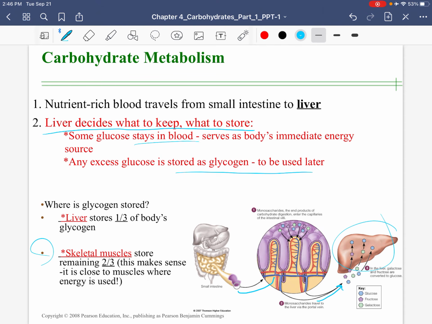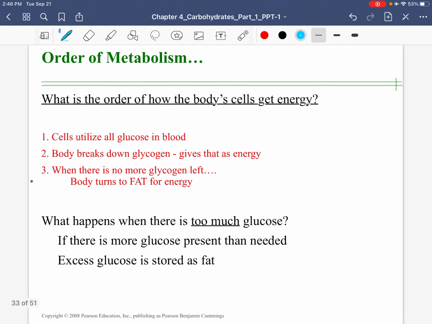Well, 2/3 of our glycogen is actually stored in our skeletal muscles. I mean, we have over 600 skeletal muscles. We got a lot of skeletal muscles, which means that we can store a lot of glycogen. And then the remaining 1/3 or so, we store right in the liver. You should know those numbers.